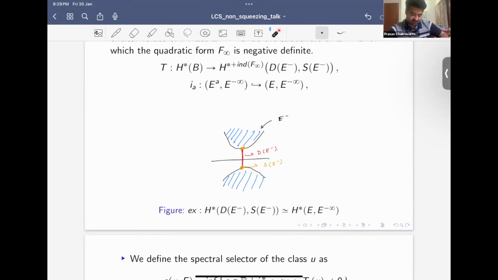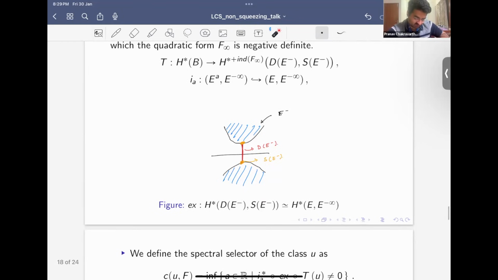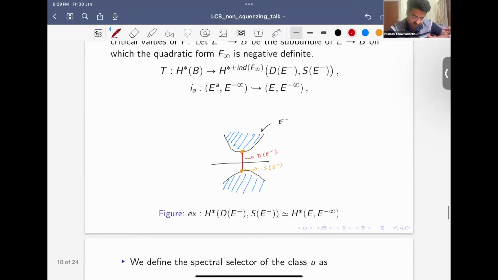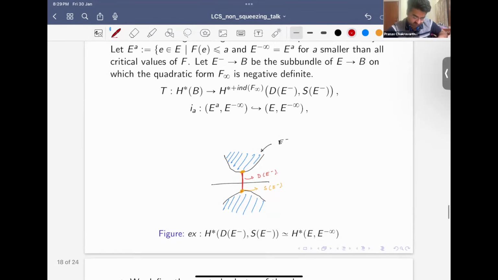This can be seen via the following toy picture. Because the form is quadratic at infinity, E minus infinity corresponds to this blue shaded region.